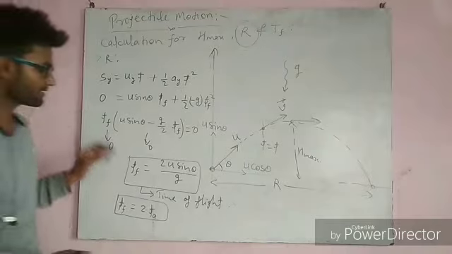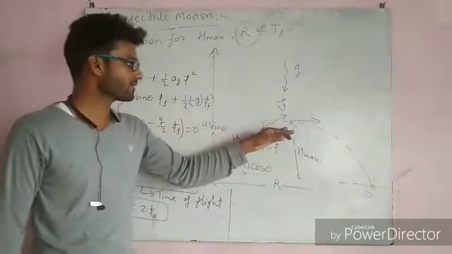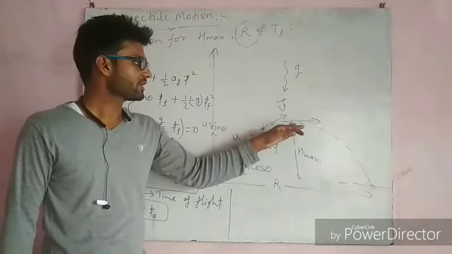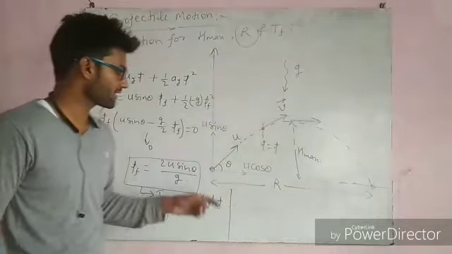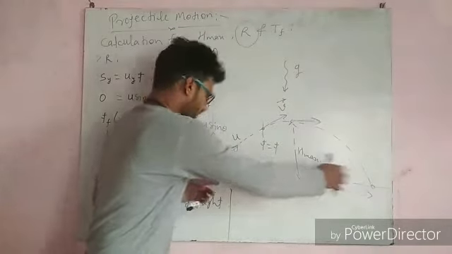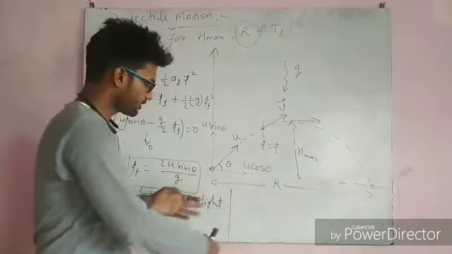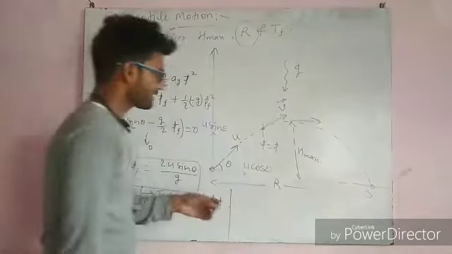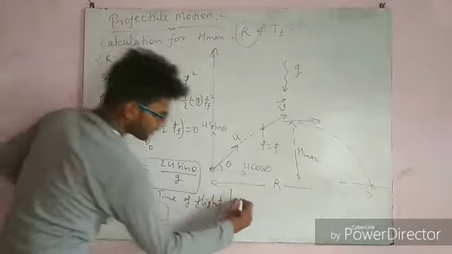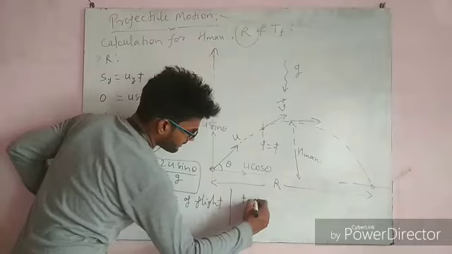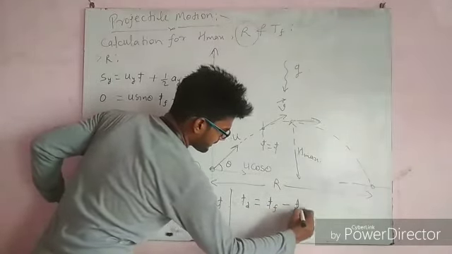And what is descending time? We can calculate it from here. Descending time is when the particle is coming from maximum height to ground level. The total time is known, the time of flight, and the time of ascent is known. So TD will be the total time minus the ascending time: TD equal to Tf minus TA.